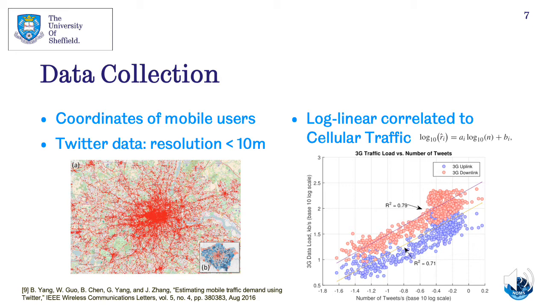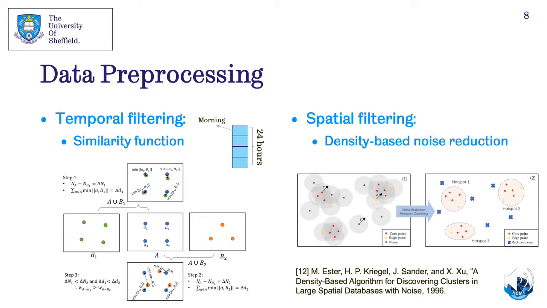And secondly, even when a very small part of the users tweet, we can still find this relation. That's how we use big data to correlate with 3G traffic. Based on this correlation, we can achieve high resolution because the coordinates are points.